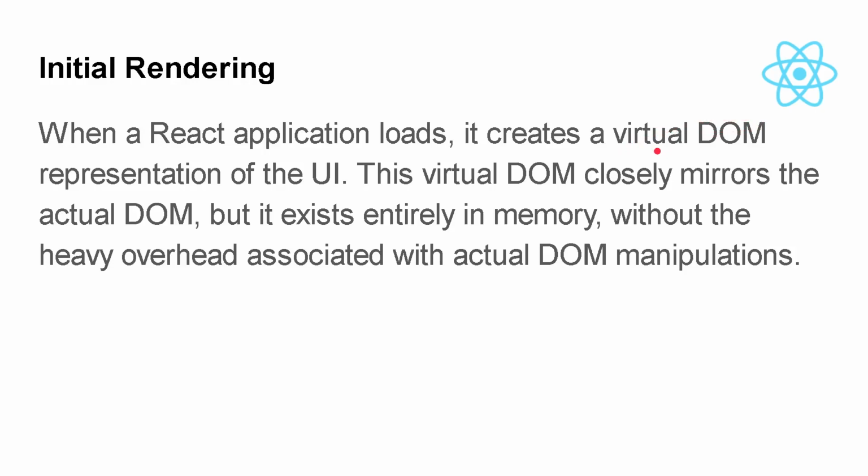Think of the actual document object model as what your browser is showing you when it's rendering the page. The virtual one is like a step backwards. Let's figure out what needs to be displayed in memory before trying to do all the graphical things, that large overhead. What is the cost of this?